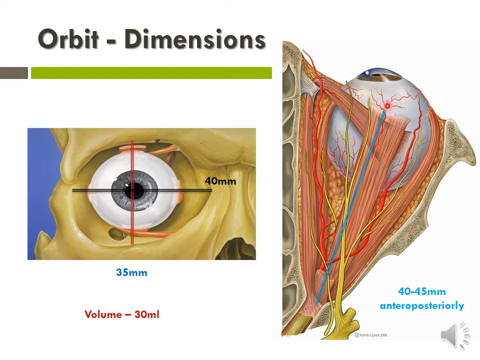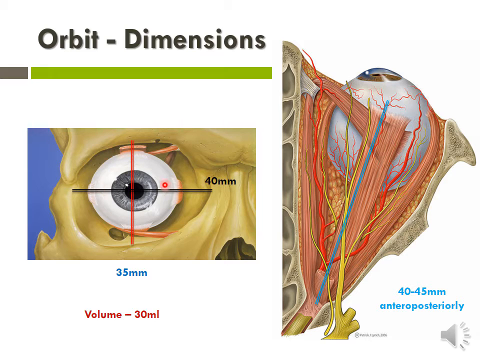So the anterior-posterior measurement is actually more than either the horizontal or the vertical measurement. And you can see that your orbit is actually much bigger than the corneal dimension. You can see there are a lot of empty spaces here, right? All these spaces are filled with fat and connective tissue so that the eyeball can sit in a cushion.